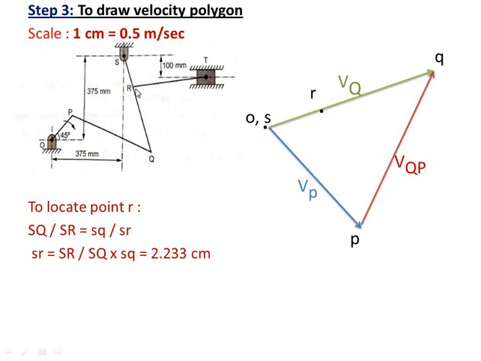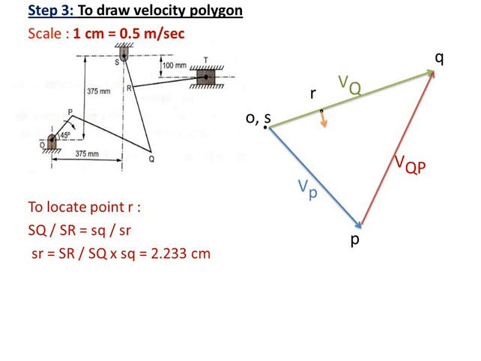From R, there is a link RT. The velocity vector of RT is perpendicular to RT, so from R we will draw a velocity vector perpendicular to RT. Again we don't know its magnitude, so simply draw the velocity vector.